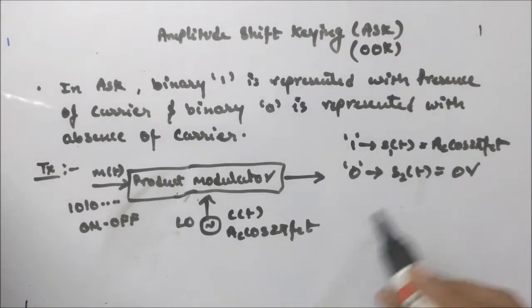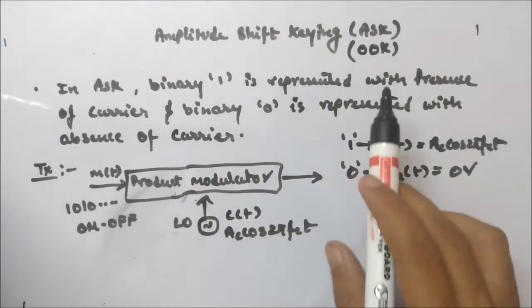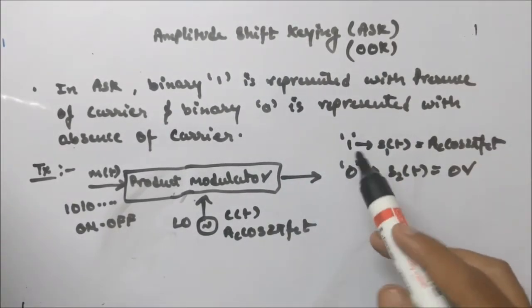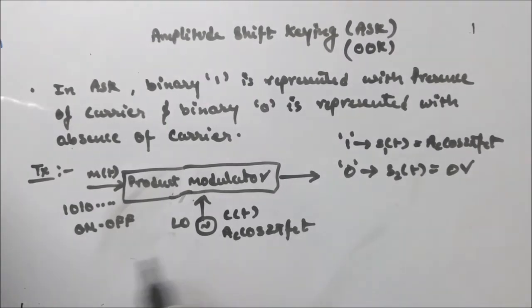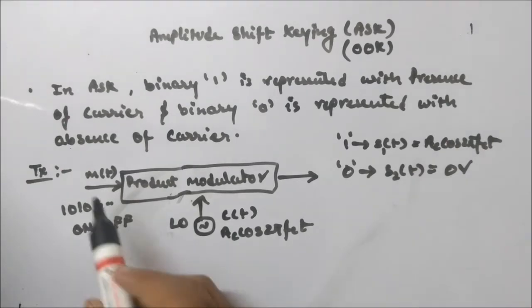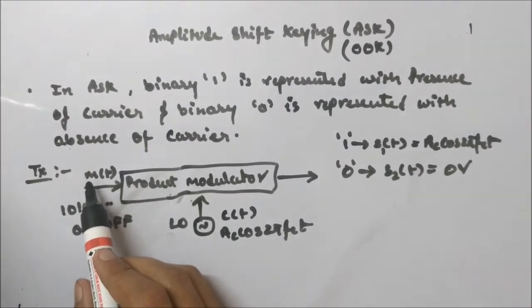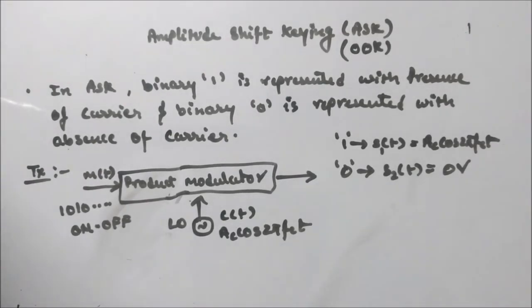Whenever you have 0, you send nothing. That is the meaning of amplitude shift keying. When bit 1 comes, on; when bit 0 comes, off. That is how your transmitter model will look for ASK. Now I'm going to show you the signals, how m(t) will look, c(t) will look, and how your output will look.